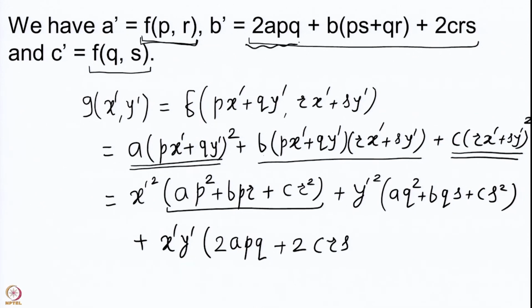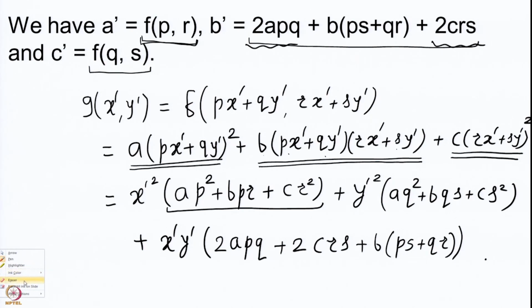So, that accounts for these 2 terms already, and now we get the contribution from this middle term, which will be b into, I can have p s and I can have q r. So, it gives me p s plus q r. So, this completes the description.